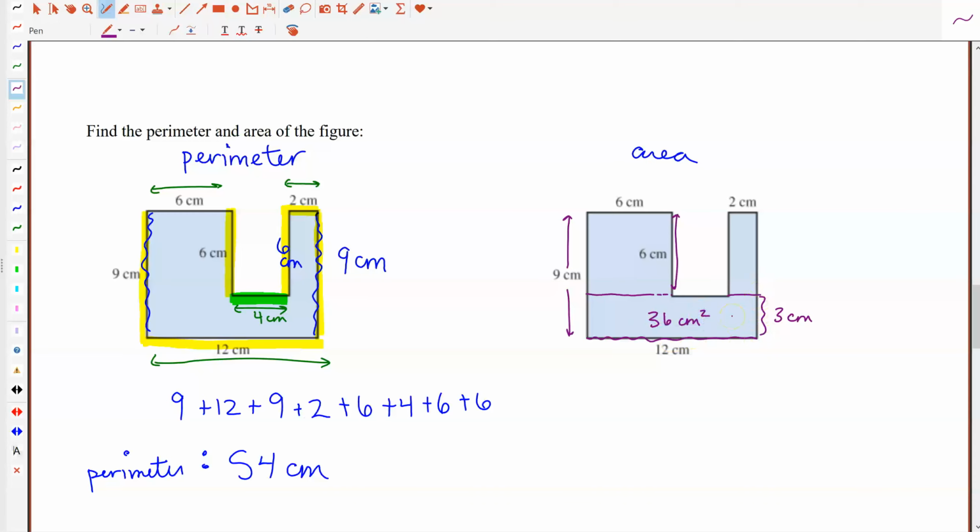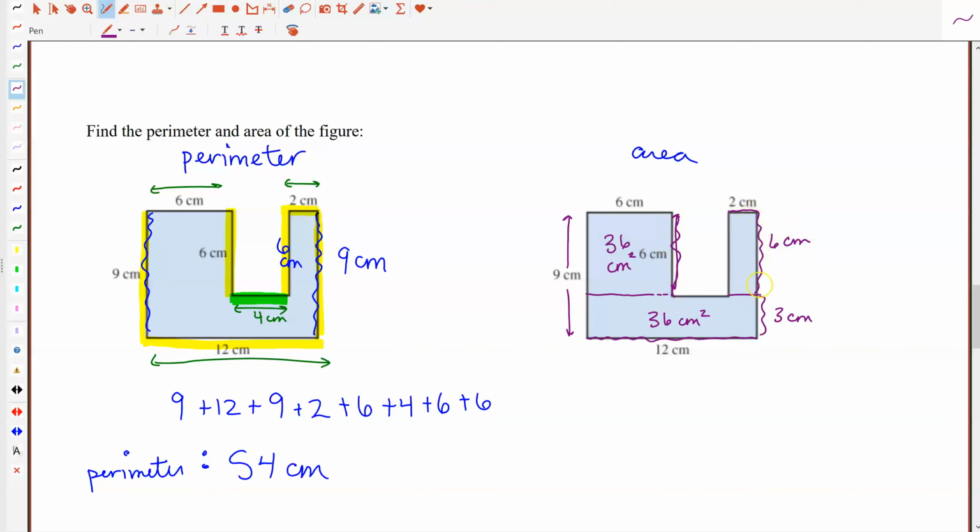Now that only helps me if I can find the area of the other 2 remaining pieces. This piece over here would be 6 centimeters by 6 centimeters, so 6 times 6 is 36 square centimeters. I was able to find that, so yay. And this piece right here is 2 centimeters. Now I don't have this down length labeled right here, but I do have it labeled right here, and they have to be the same length. So this right here has to be 6 centimeters going down.